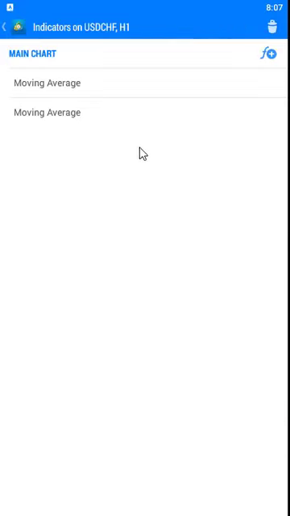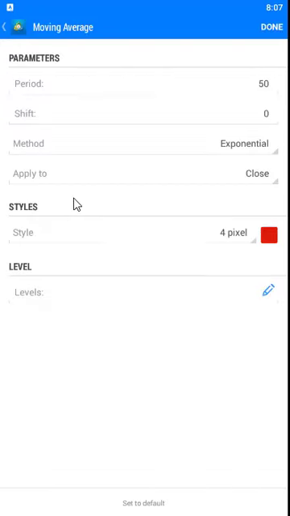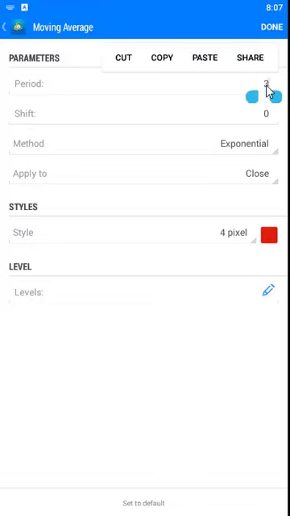So we have just 2 moving average. The next thing you're going to do, now you're adding this moving average under the main chart. So you click on the F with the plus here. Then you click on moving average again. Then right now, you're going to type the period here should be 34.